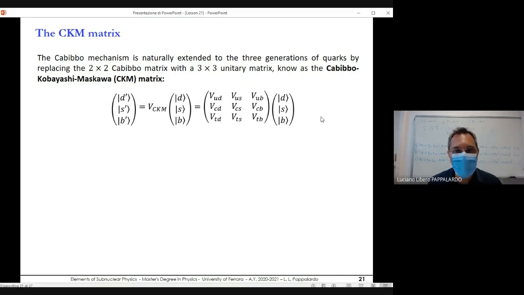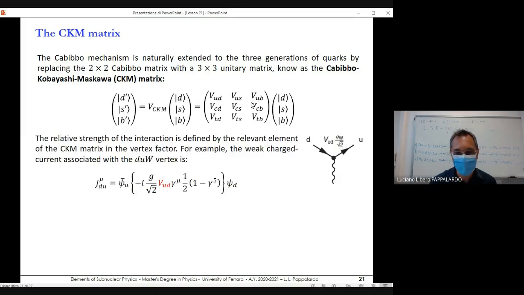So the Cabibbo mechanism is naturally extended to the three generations of quarks by replacing the 2x2 Cabibbo matrix with a 3x3 unitary matrix, which is known as the CKM matrix. Here we have the three weak down-type quark eigenstates, d', s', b'. Here we have the corresponding unrotated eigenstates, so the mass eigenstates, and in between we have this 3x3 rotation matrix.